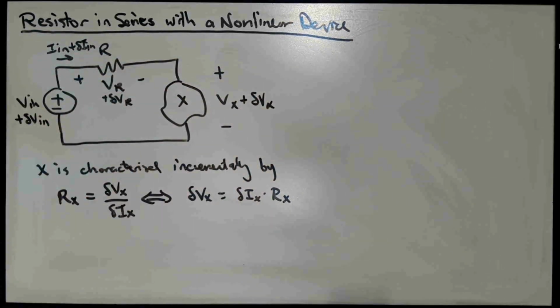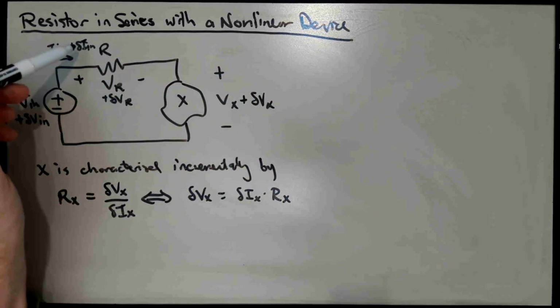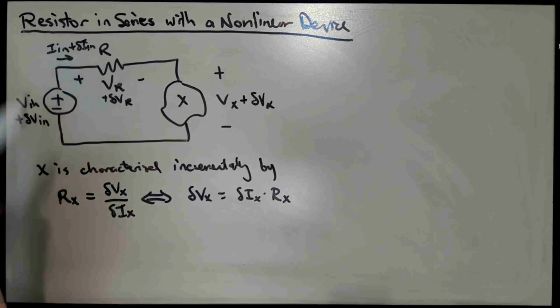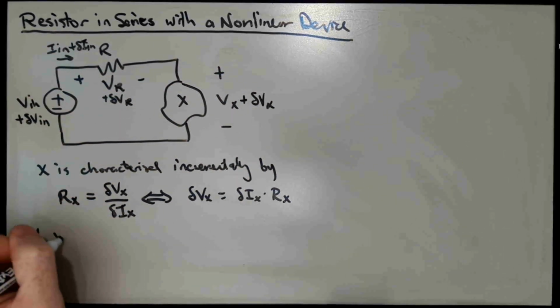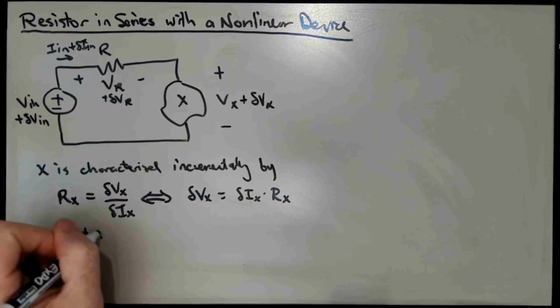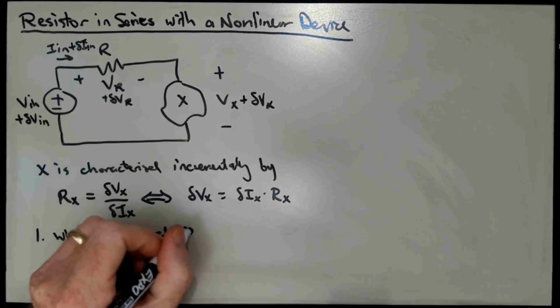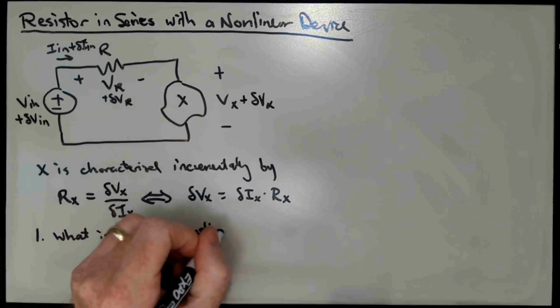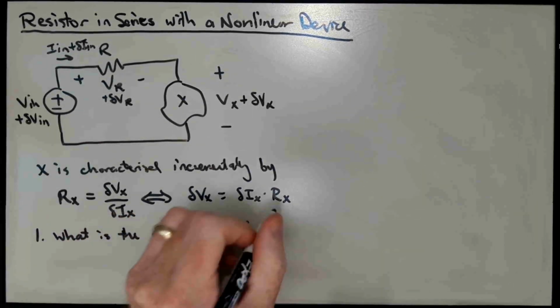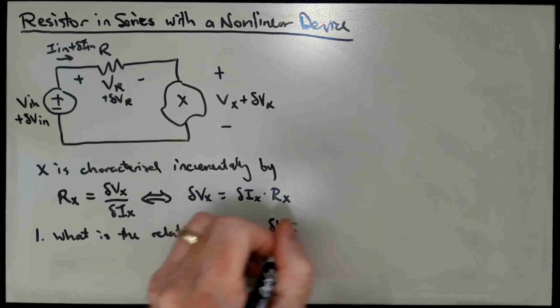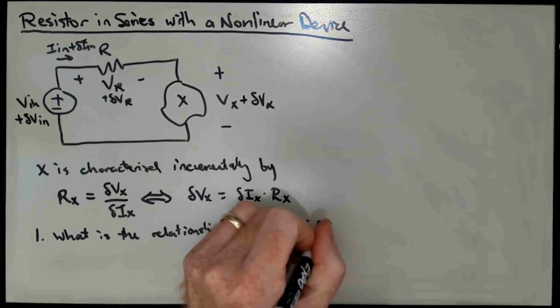And we'd like to know: one, what is the relationship between delta Vn and delta In?